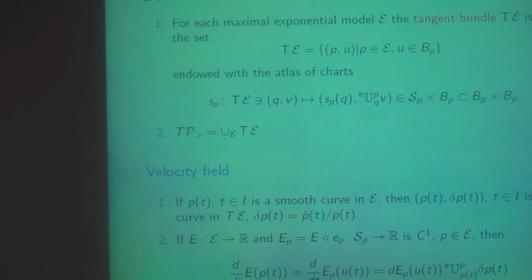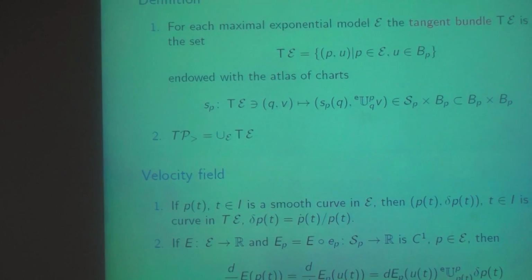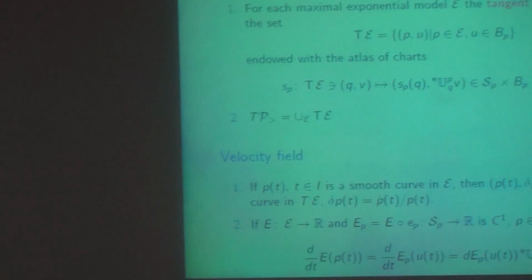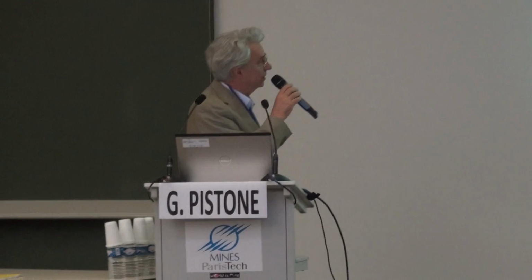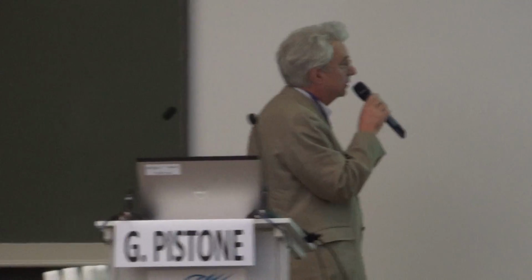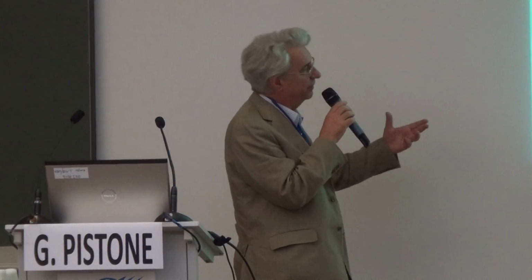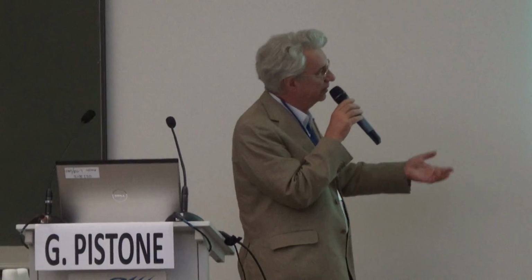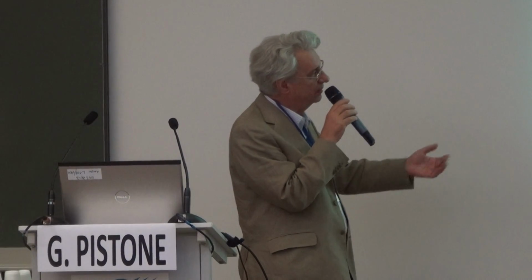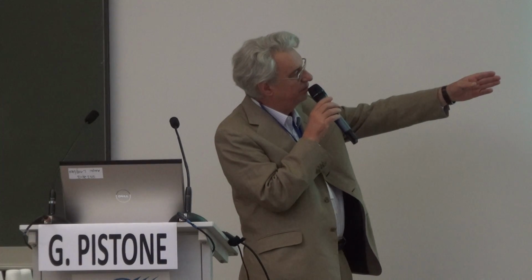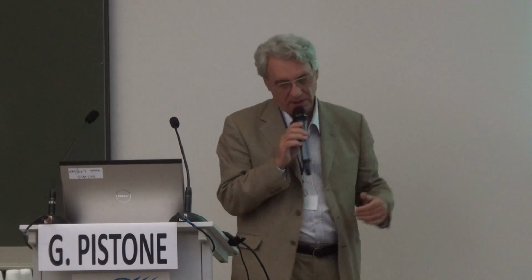And this gives a manifold, and this manifold is a tangent bundle. And in the tangent bundle, I can rephrase my computation of the velocity by saying that given a curve, I construct a curve in the tangent bundle by taking (P_t, δP_t), where δP_t is just a different name for the Fisher score.